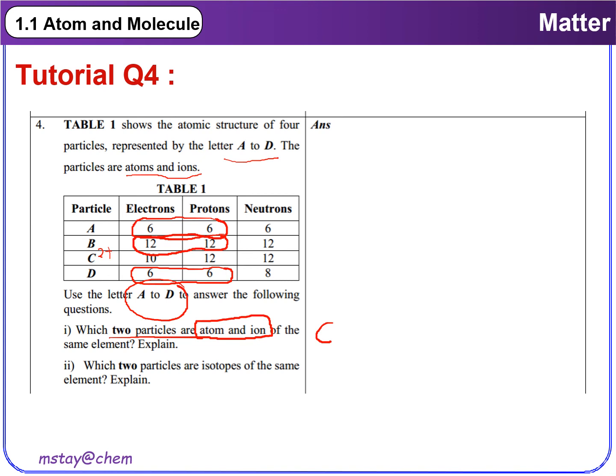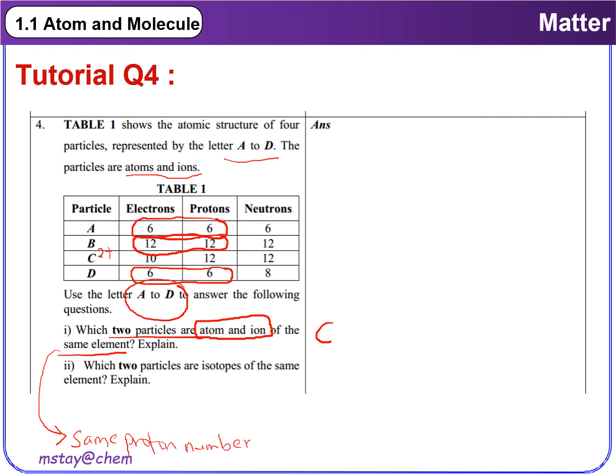Okay, so now we are going to look at the second part of the question, of the same element. If they are referring to the same element, they will always have the same proton number.